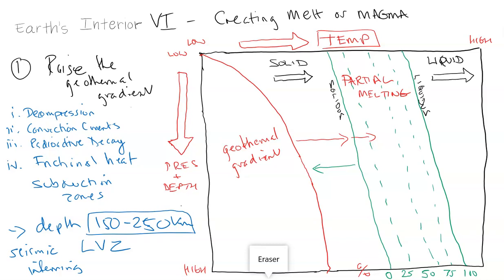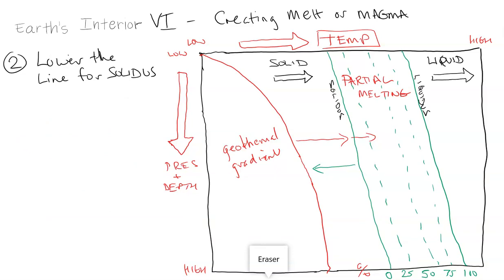Now, it could occur at different depths, but this is where most of it is occurring, just below the lithosphere and in the top part of the asthenosphere. Now, as I discussed earlier, the other way to create magma or partial melting is to take the solidus green line and move it left towards the geothermal gradient.